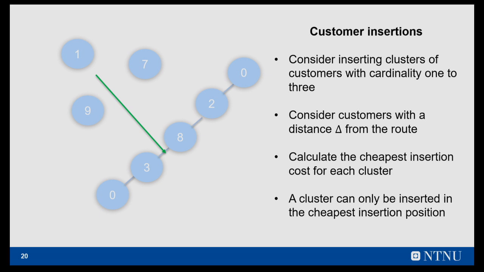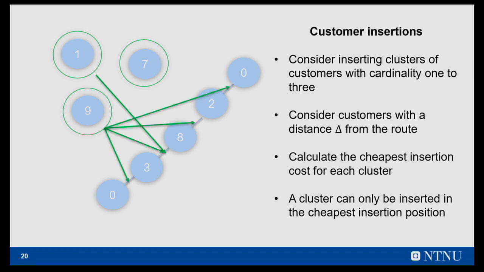Here I see something messed up with my animation, but never mind. So if we start with, let's say, the cardinality of 1, in this example, we have 3 potential customers that can be inserted to the route. And then we pre-process by calculating the cheapest insertion cost for each cluster. In this case, it's singleton clusters. But we predetermine that a cluster can only be inserted in the cheapest insertion position.